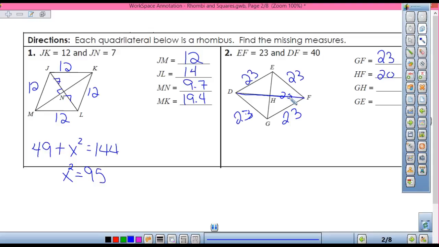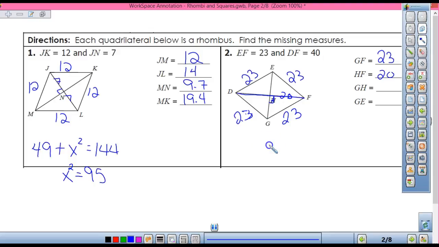How are we going to find GH? Why can I use the Pythagorean theorem? Because the diagonals are, what's that big word we've been talking about, perpendicular. Yep, so start using that in your vocabulary now so that you remember it. So, yep, Pythagorean theorem.